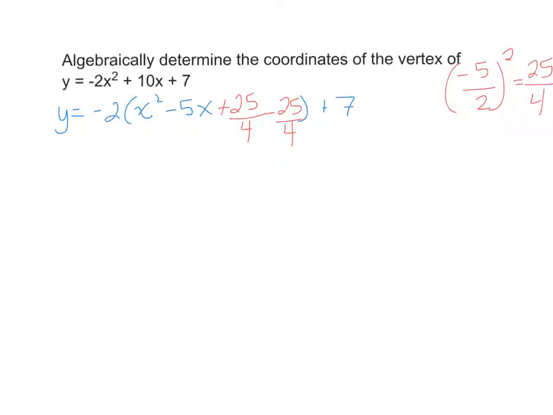So notice that I also subtracted 25 over 4. That's because we need that zero pair. We can add 0 whenever we want, and the 0 can look like anything you want, as long as it equals 0. But we can't just add any other number. So that's why we have the plus 25 over 4 and the negative 25 over 4. Now I'm going to take that extra term out of there.